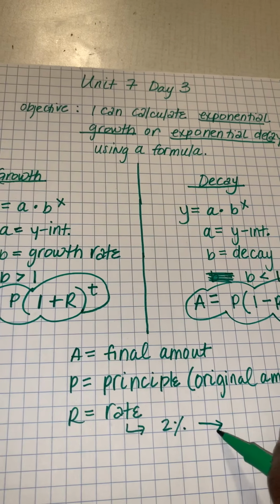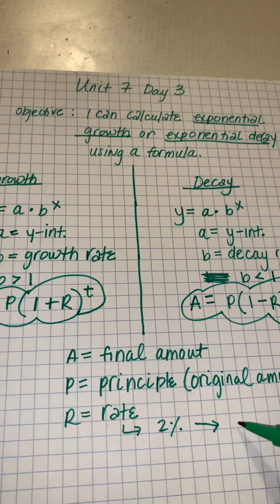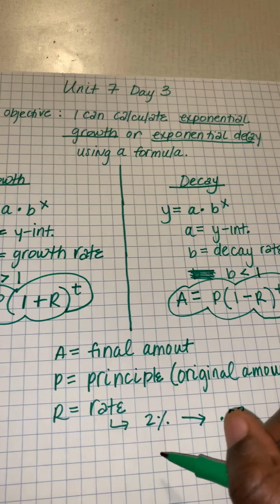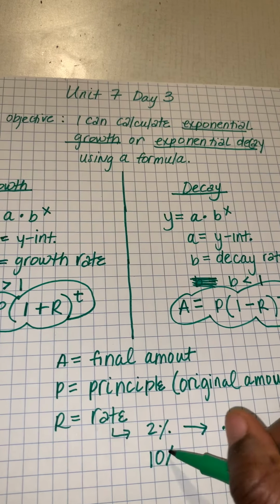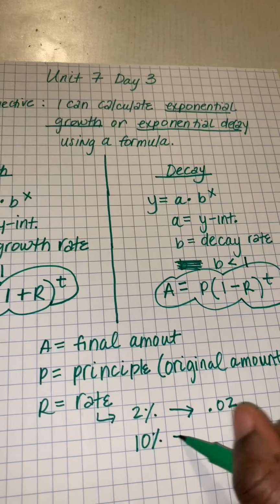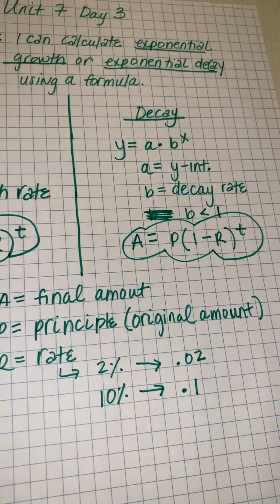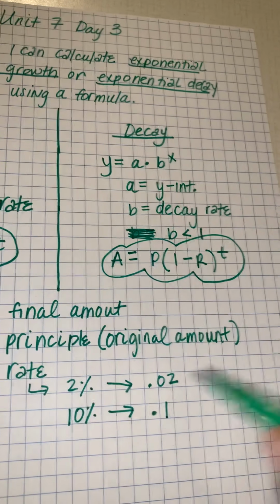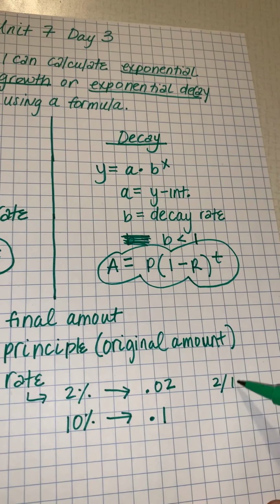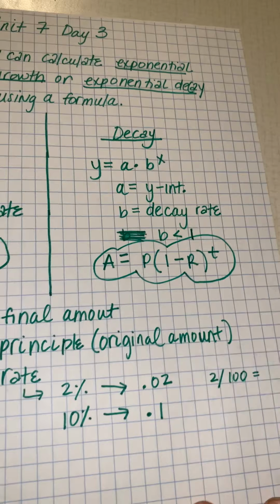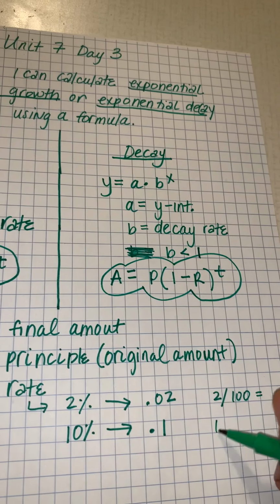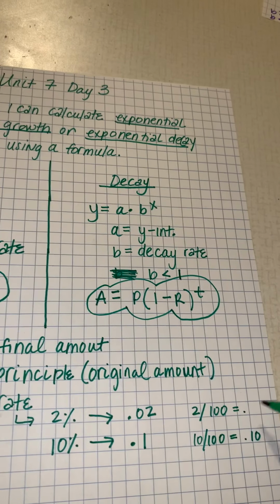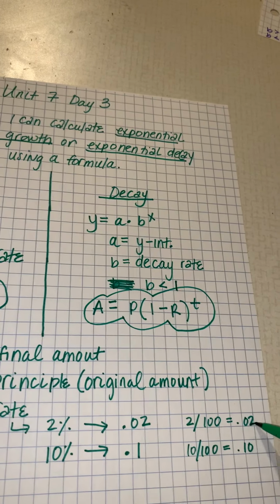When you're writing it down, you have to turn this into a decimal, so it would be 0.02. Or if they give you a rate of, I don't know, 10%, when you're turning this into a decimal, it would be 0.1. If you don't know how to turn these into decimals, if it was 2, you would do 2 divided by 100, and you'll get 0.02. Or if it's 10, you'll do 10 divided by 100, and you'll get 0.10, okay? That's how you find them if you're wondering.